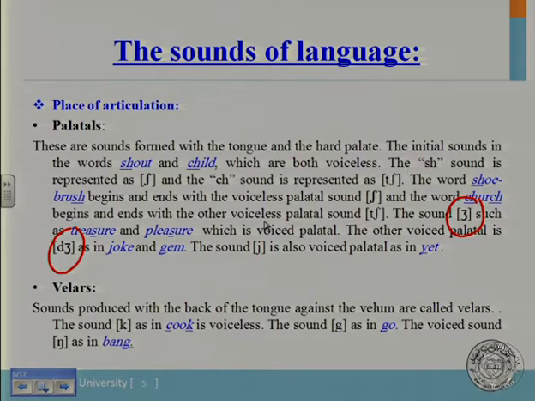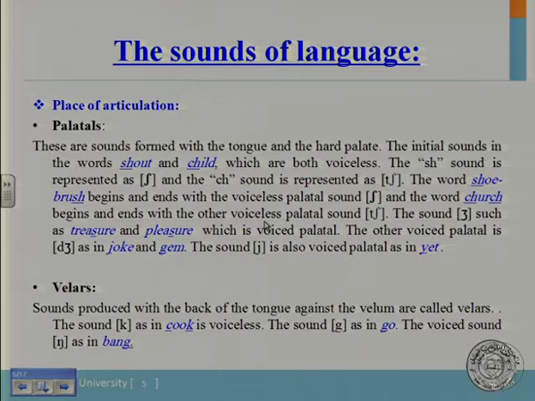In pleasure, it's only ʒ, but in pronouncing joke, we have d, ʒ. This is a combination of d and ʒ. So these two sounds have only one symbol, dʒ, for joke and also for gym. And as I said, this sound is a voiced palatal sound.